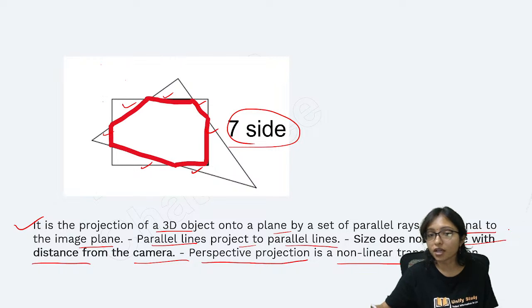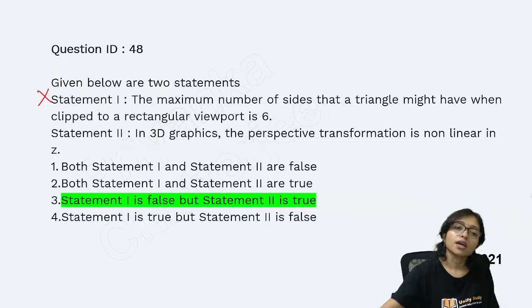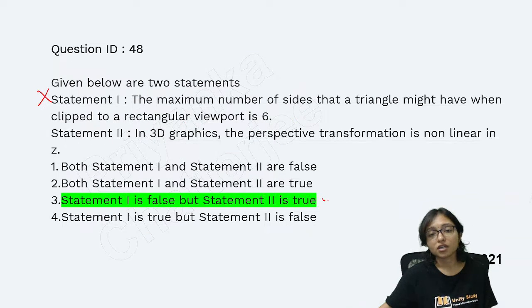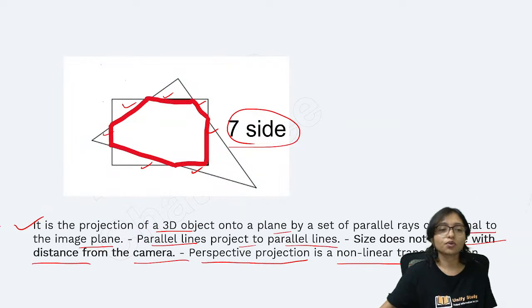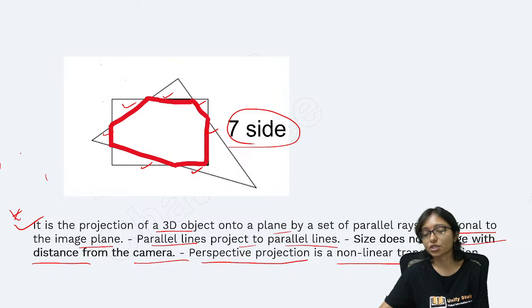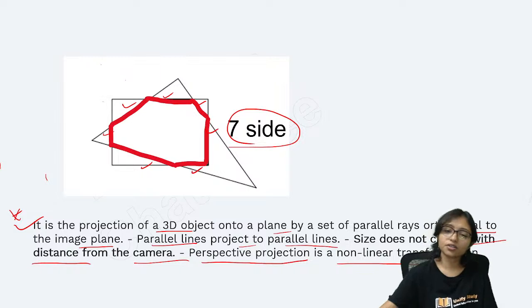Perspective is always a non-linear transformation, and that's why option 2 is true. You can write down the reason in your notebook. Next time the question can be formed like assertion and reason.